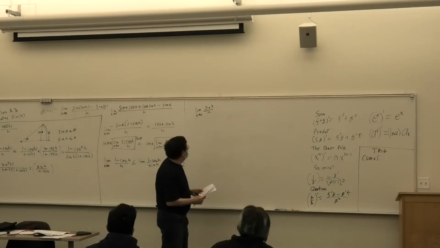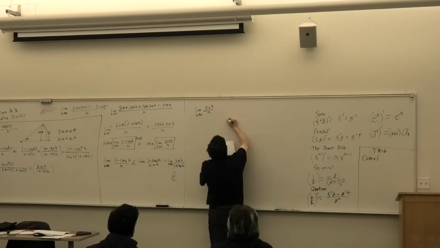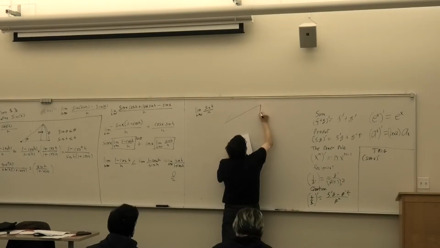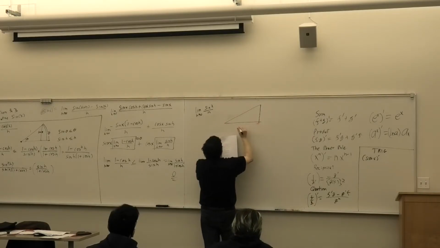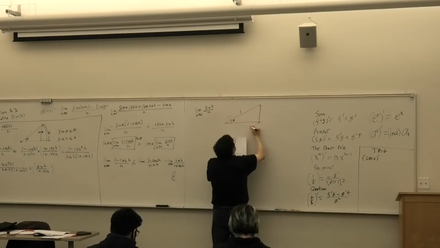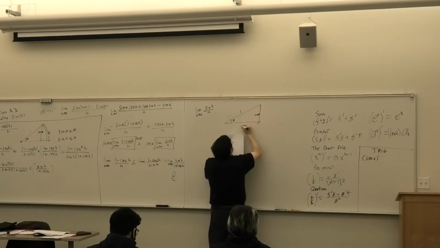All right. As I said, this is a lot more involved, but again, we start with some geometry. Again, we have a triangle, hypotenuse 1, angle theta. The altitude here is sine theta.